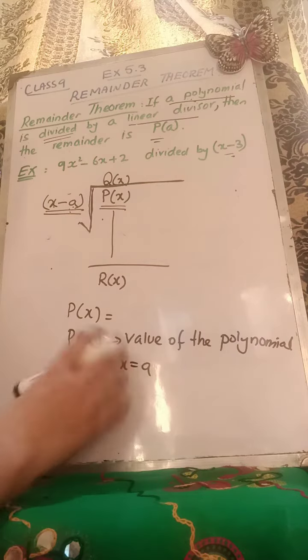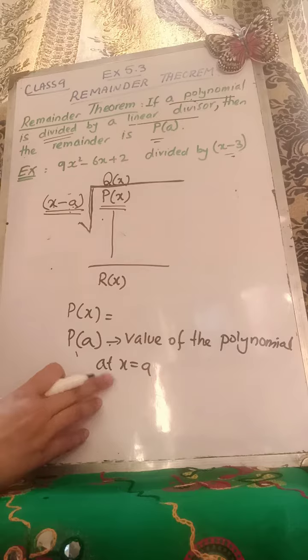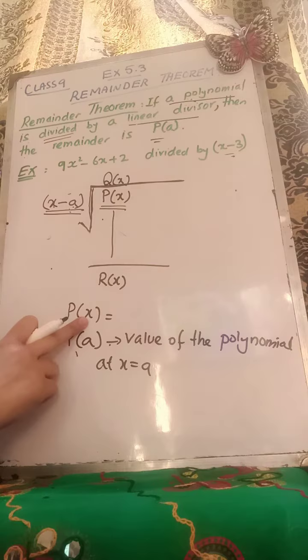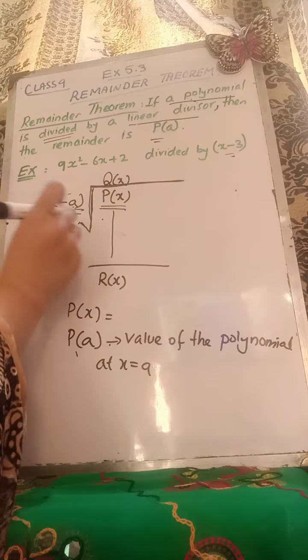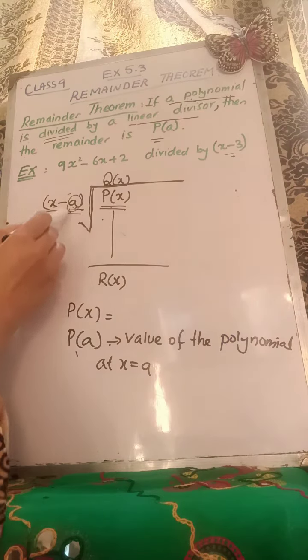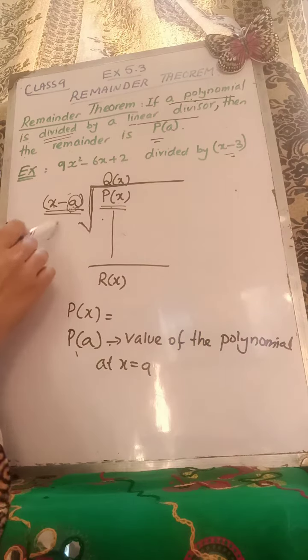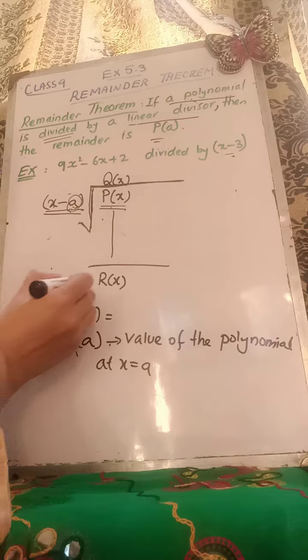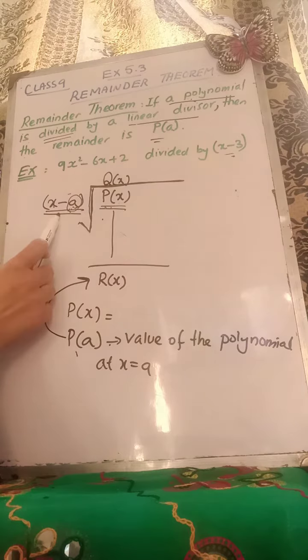What is value or evaluation of a polynomial? It is actually the number that we obtain when we replace x by this a. So if you have a polynomial, then pick this number from here and find the value of the polynomial at this point. This p of a will be the same as the remainder that we obtain when this polynomial is divided by x minus a.